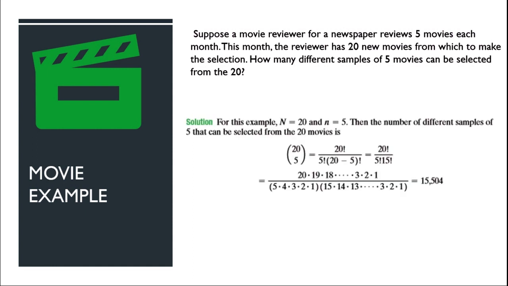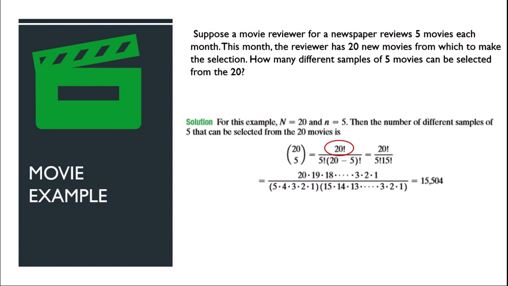For this example, N is 20 and n is 5. Then the number of different samples of 5 that can be selected from the 20 movies is 15,504.